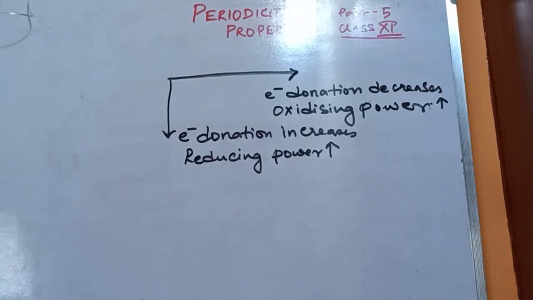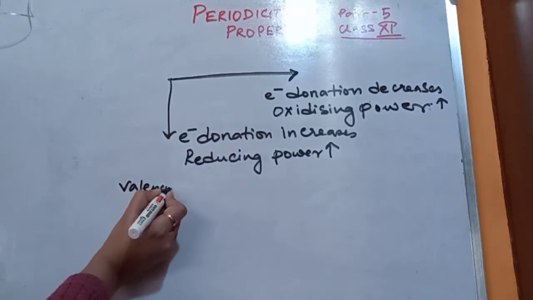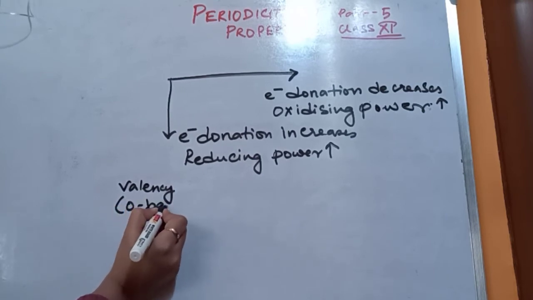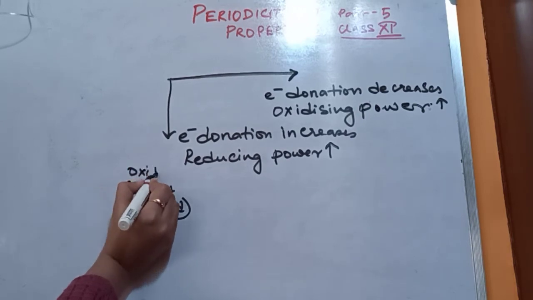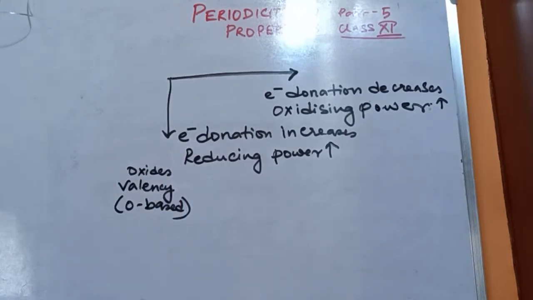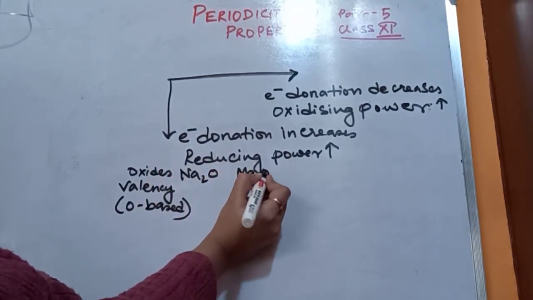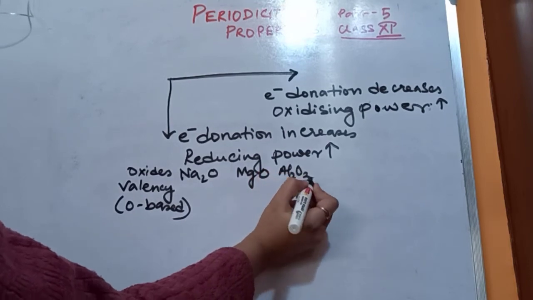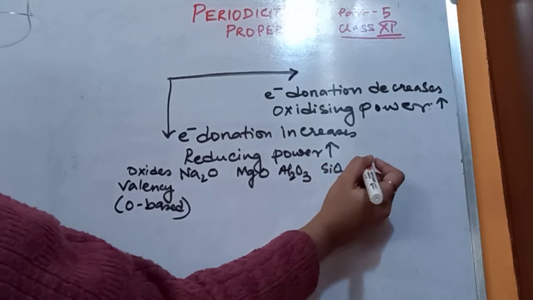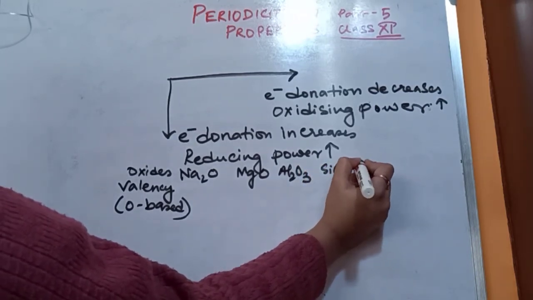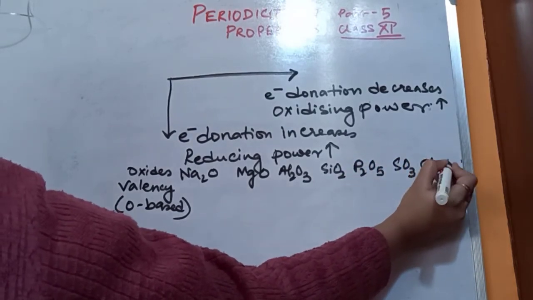If we are talking about oxygen based valency, then we will talk about the oxides: sodium oxide, magnesium oxide, aluminium oxide, silicon, phosphorus, sulfur.